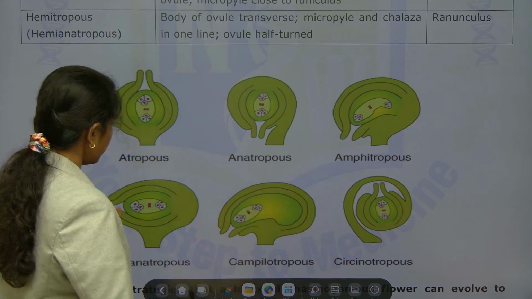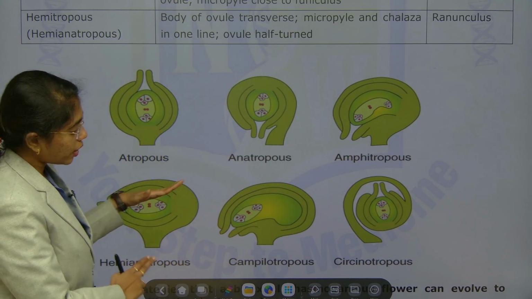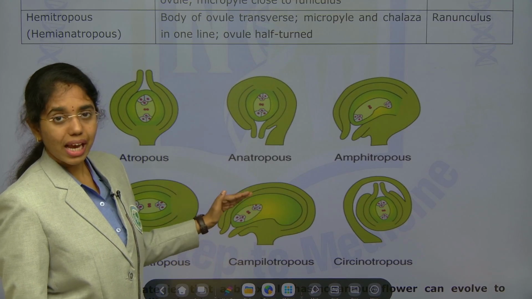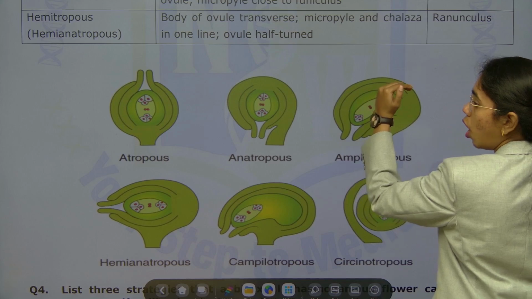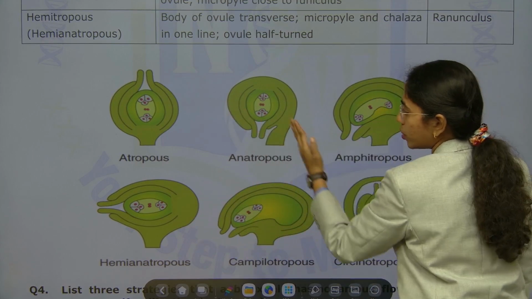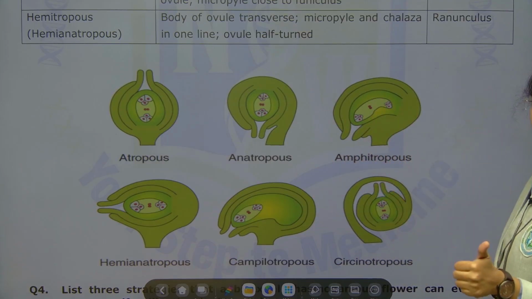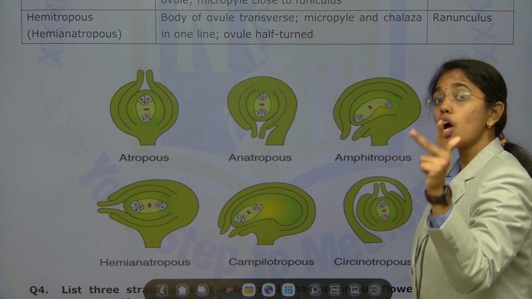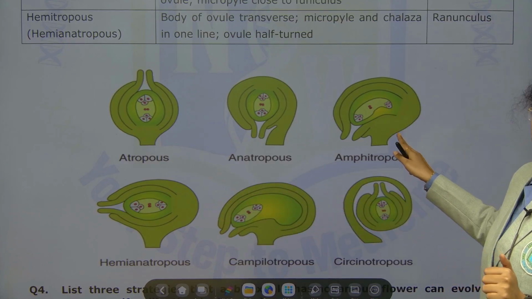Next, take hemianatropous, which is perpendicular, then campylotropous, where the embryo sac is slightly curved, and then amphitropous, where it is curved to horseshoe shape. These three you draw above. As such, you remember all the 6 types: atropous, anatropous, circinotropous, followed by hemianatropous, campylotropous and amphitropous.